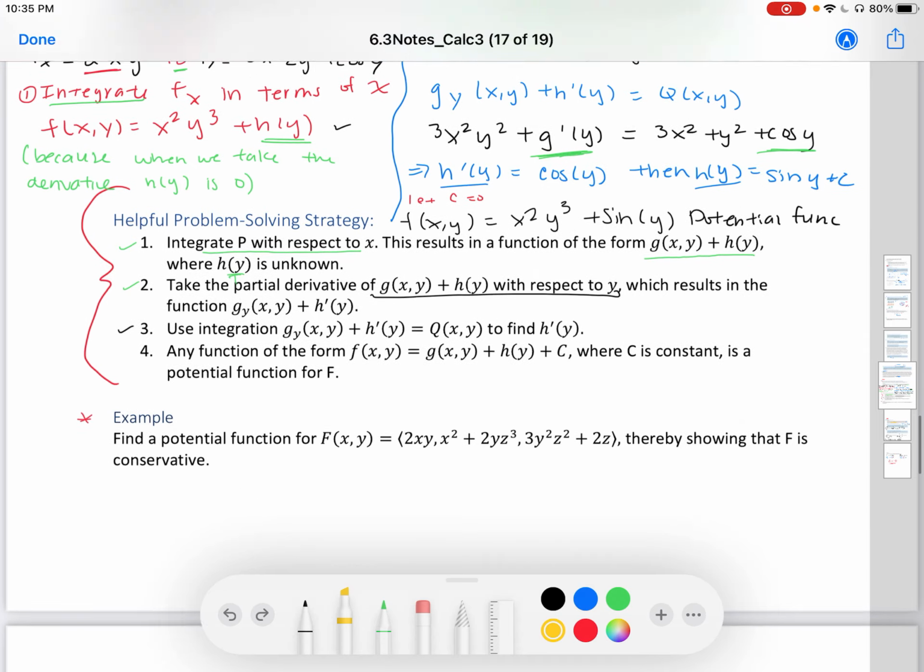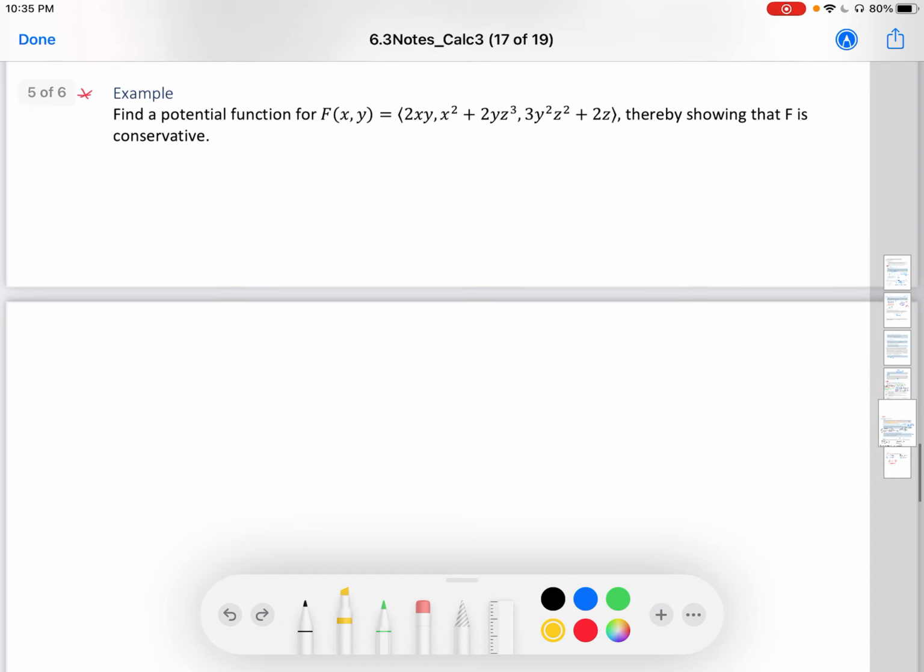Okay, let's work with one that has 3 parts. So find the potential function f of x comma y comma z, I'm sure I meant z, of, oh no, I'm reading the wrong one.